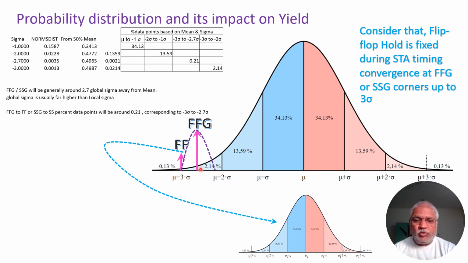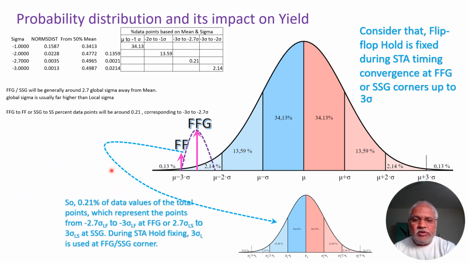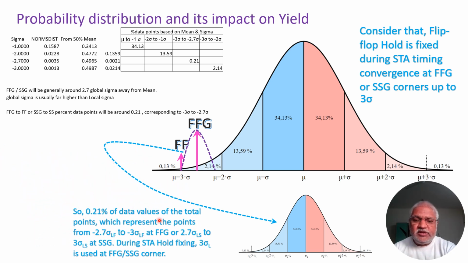That means this difference is very small, because the global standard deviation is far greater than the local standard deviation. Here this is the local standard deviation. So when we are performing the hold analysis, we need to ensure that it is done with respect to FFG and SSG.